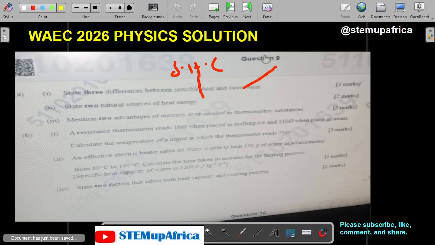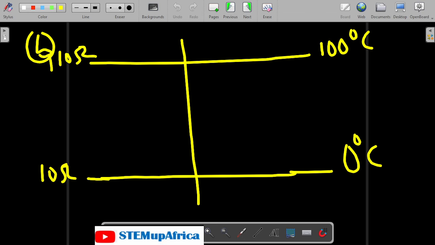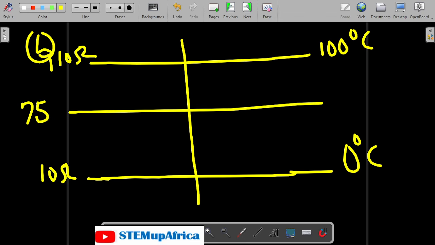Calculate the temperature of the liquid at which the thermometer reads 75 ohms. So at 75 ohms, that will be an intermediate temperature. I don't know that temperature, so let's call it T. If you employ the interpolation method here, I'm going to have the intermediate minus the lowest over the highest minus the lowest.